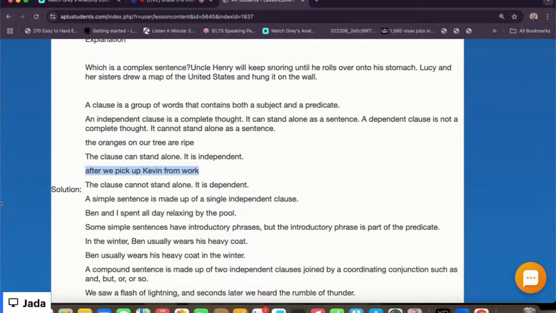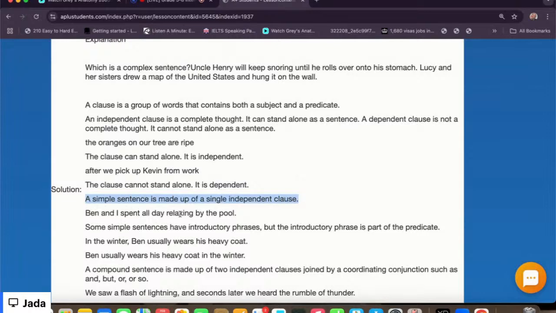Then we have the simple sentence. A simple sentence is made up of a single independent clause. So we already know what independent clauses are. They are complete thoughts and they can stand alone. So that is what a simple sentence is. It's a single independent clause. For example: Ben and I spent all day relaxing by the pool. Now, Ben and I is the subject, and spent all day relaxing is the predicate.